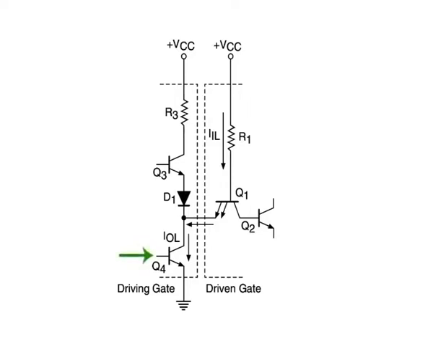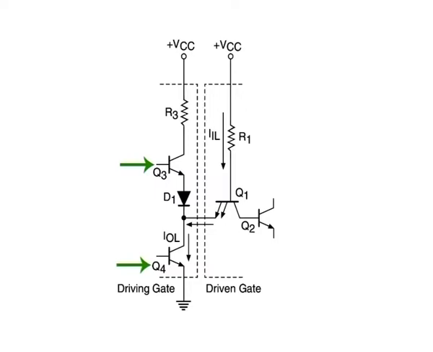Transistor Q4 is also referred to as the current sinking or pull-down transistor. Diode D1 is used to prevent transistor Q3 from conducting even a small amount of current when the output is low. When the output is low, Q4 is in saturation and Q3 will conduct slightly in the absence of D1.